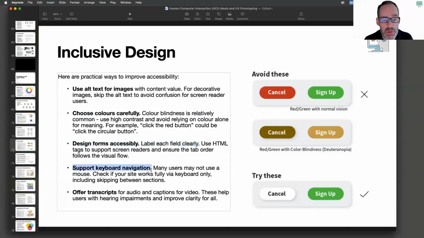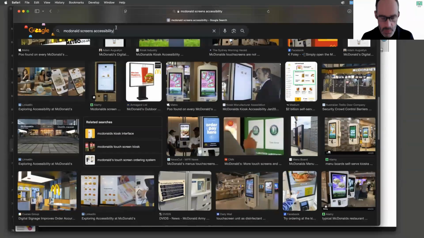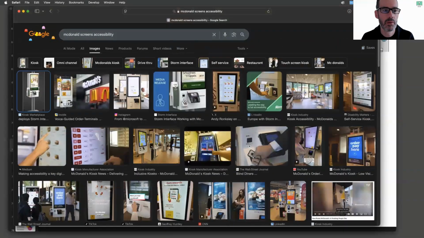You can also support keyboard navigation. So you know the way you can move around a website using the tab key. Say I am on this website. Can I tab? See the way I'm moving? So I'm moving from section to section on this.